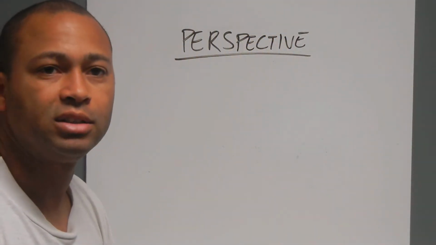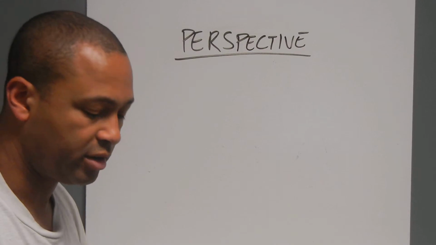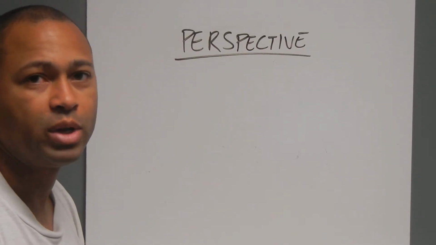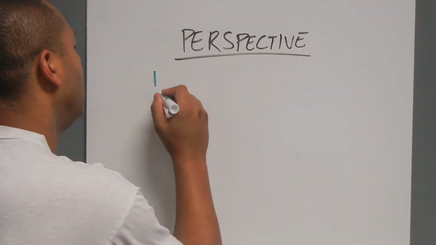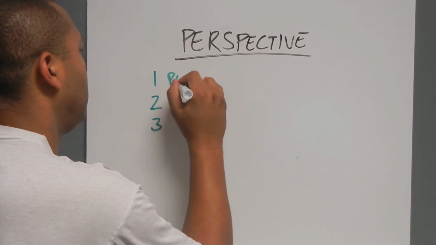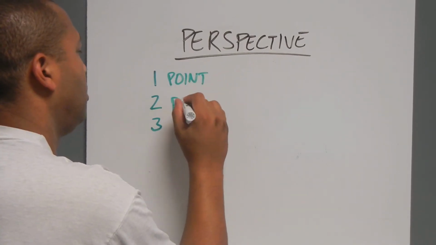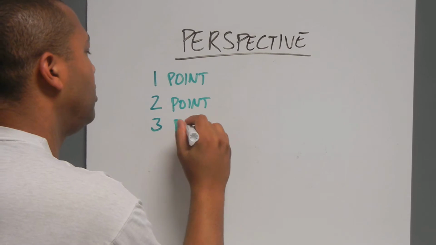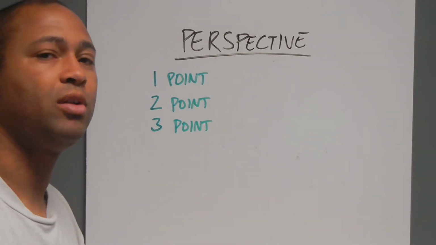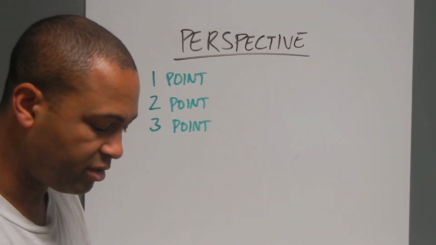The last type of sketch that we're going to talk about are perspectives. And perspectives are divided into three categories. One point, 2 point, and 3 point. And they're all based on how many vanishing points that the object has.